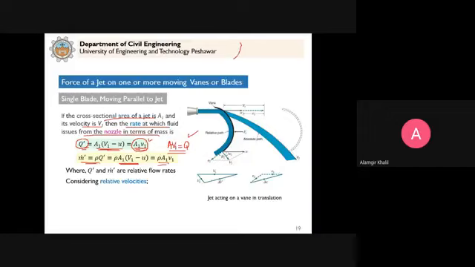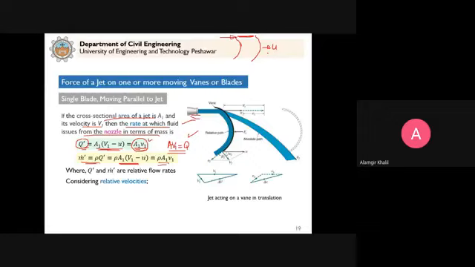Because if the vane is here, it hits with a velocity at this point. But if the vane is here, the nozzle is fixed. This is not moving, this is fixed. So the vane is moving. When the vane reaches here, because it is moving with a velocity u, this much discharge will be used to elongate the length and the remaining will hit.